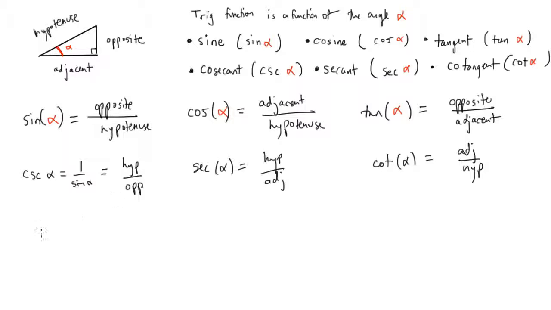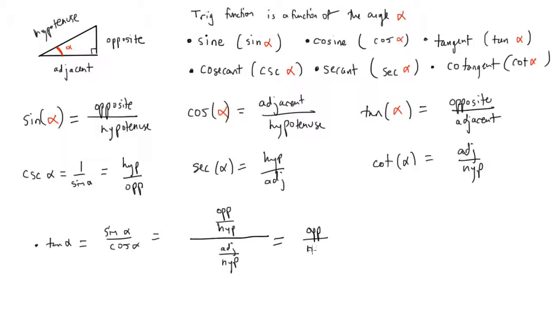One other thing that you could notice is that tangent is actually the same thing as sine over cosine. And the reason this is the case is because sine alpha is opposite over hypotenuse. Cosine alpha is adjacent over hypotenuse. And now we've got one fraction divided by the other.